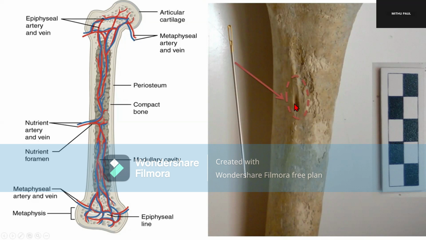So on the surface of long bones, you will find one or even more than one such opening for the entry of the nutrient arteries. These foramens are named nutrient foramen. And if you pass a probe through it, you can delineate the direction of the nutrient foramen.